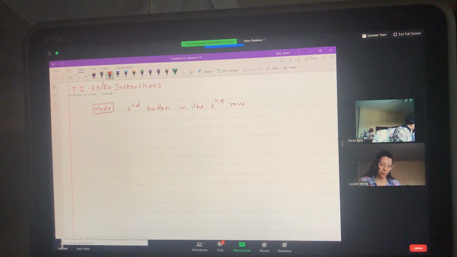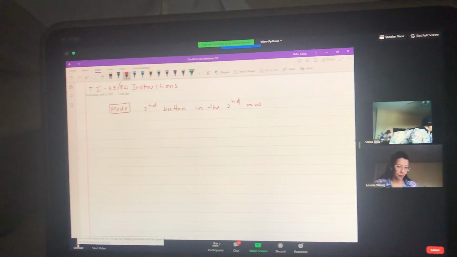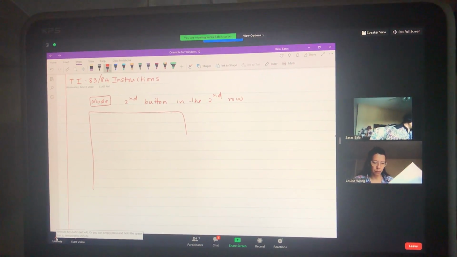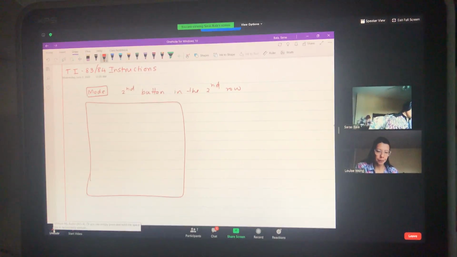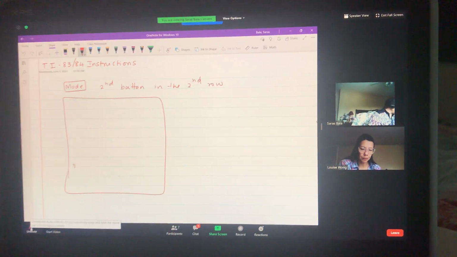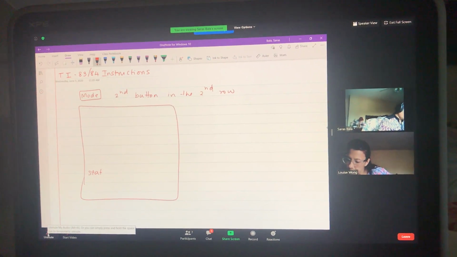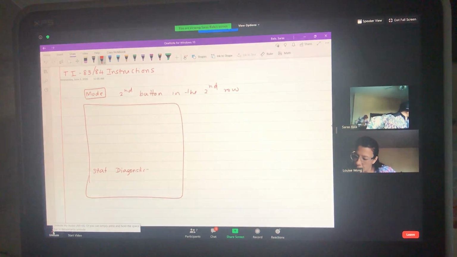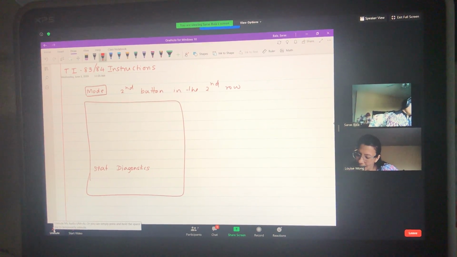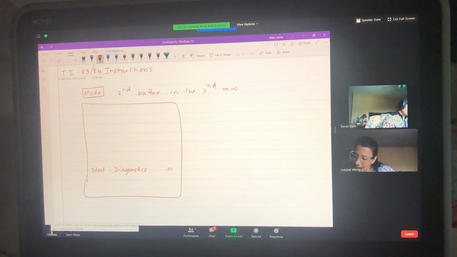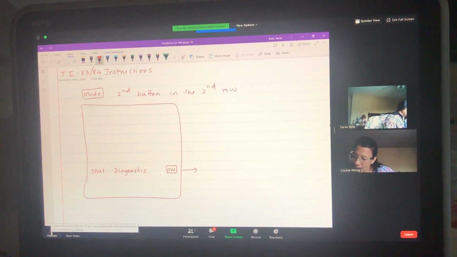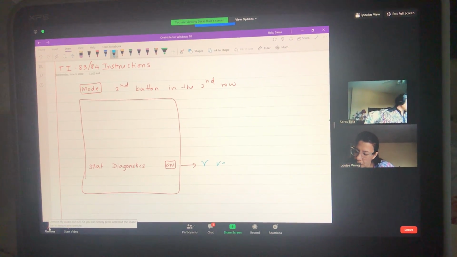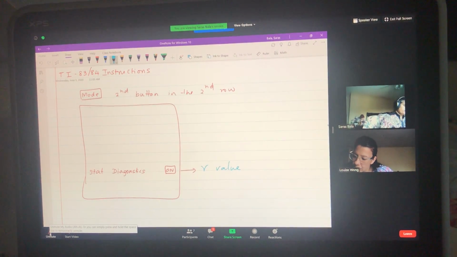Once you hit mode, you will get the list of options. So now you will see stat diagnostics on. I can take a snapshot of it and post it if you want. You can just turn it on, only then you get your R value, which is the correlation value.